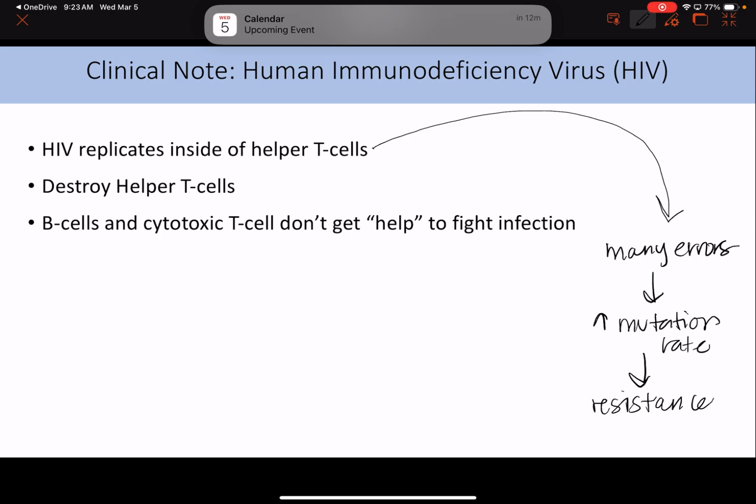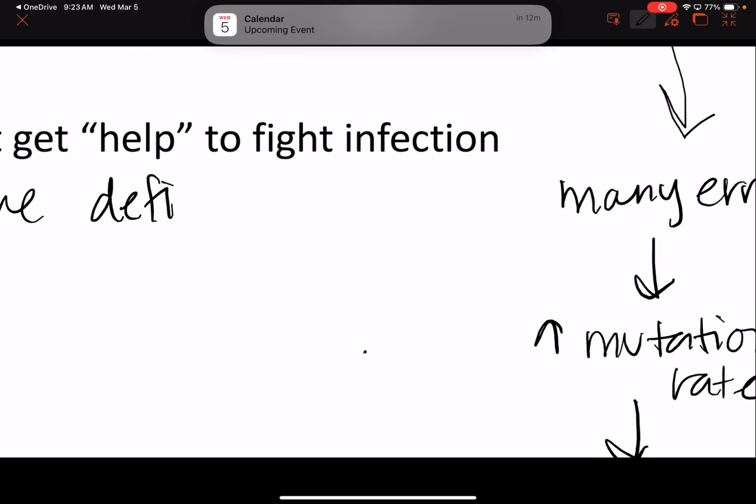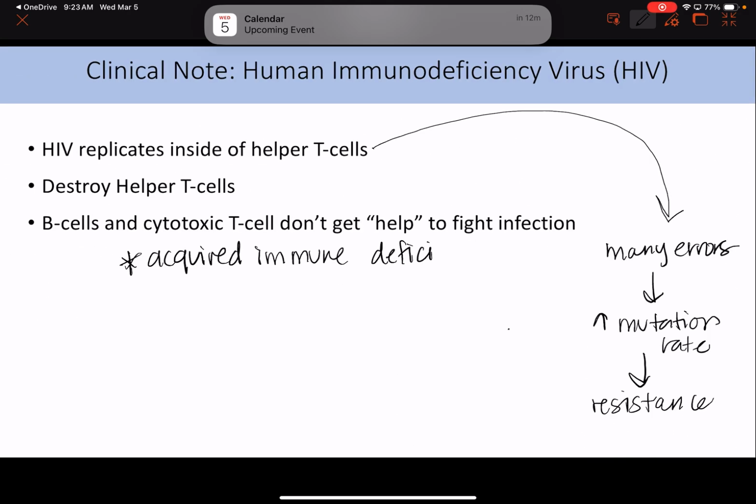And so HIV can develop into something called acquired immune deficiency syndrome, or AIDS.